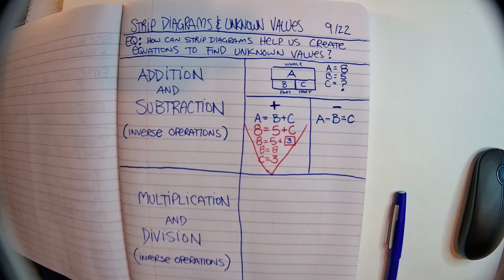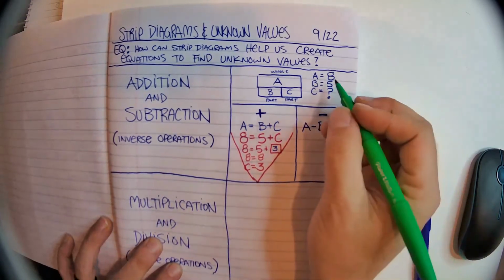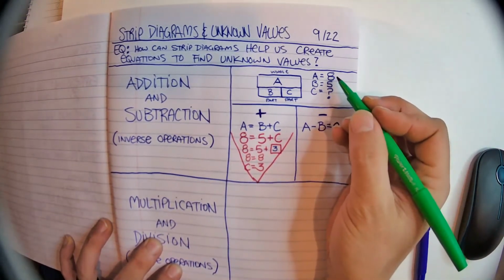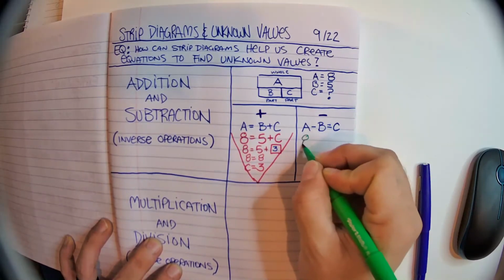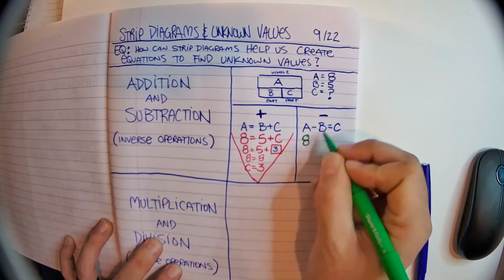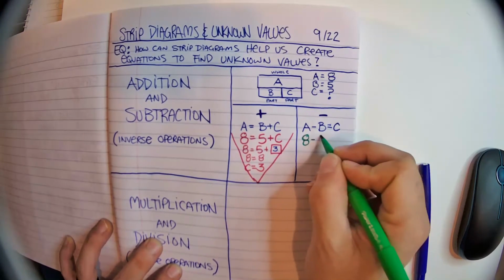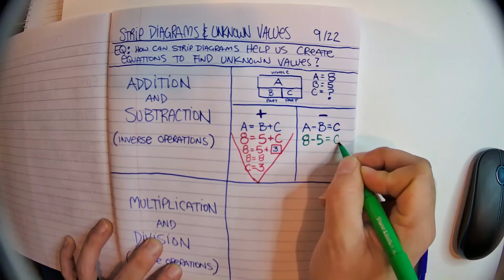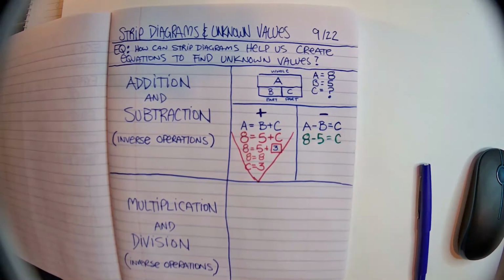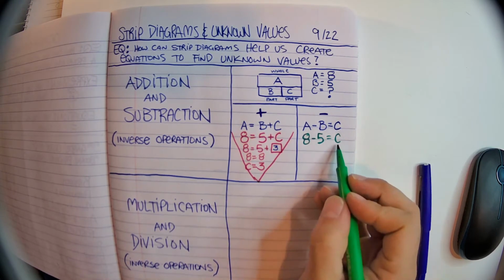Now, I think there's an easier way with subtraction. Check this out. On this particular equation, we know that A is equal to 8. We also know that B is equal to 5. And so all we're trying to figure out is C. As you can see, bad joke, on this one, the letter is already by itself on one side.